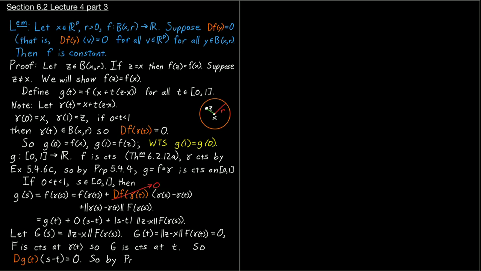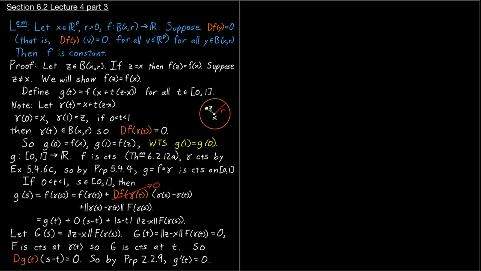So by proposition 2.2.9, remember this is the proposition that says that our strange new derivative is the same as the derivative you know and love, g prime of t equals 0.